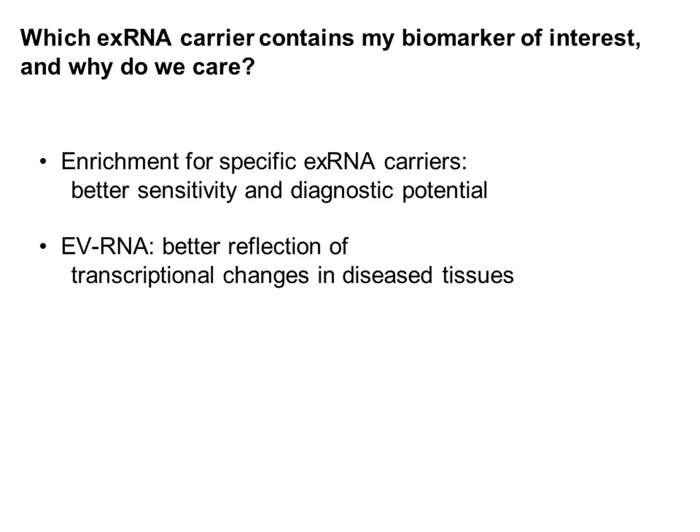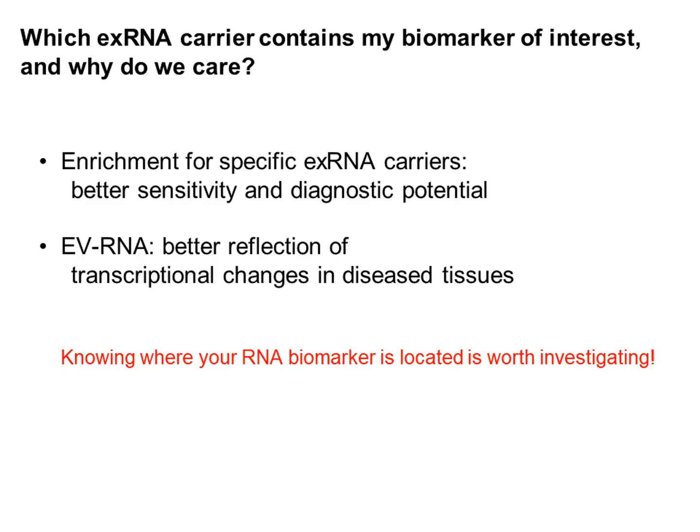Furthermore, you could hypothesize that the RNA in EVs may be a better reflection of the RNA content of diseased tissues compared to, for example, lipoprotein particle-associated RNA or total plasma RNA. So it's well worth investigating where your biomarker is located.